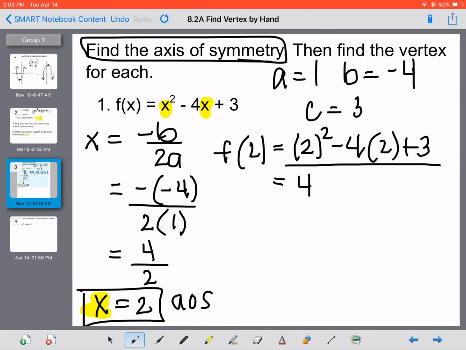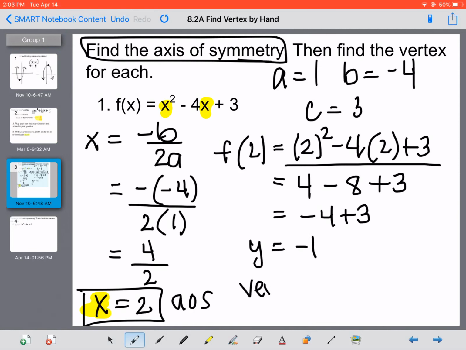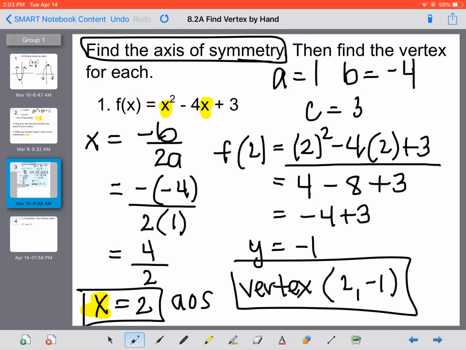So 2 squared is 4, minus 4 times 2 is 8, plus 3. And 4 minus 8 is negative 4, and negative 4 plus 3 is negative 1. So that means your y is negative 1. So my vertex is going to be at the point 2, negative 1. And there is your vertex.